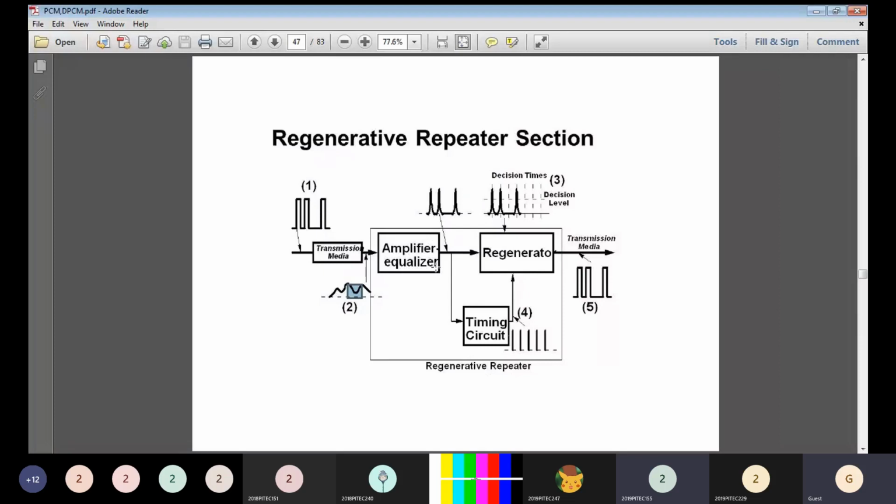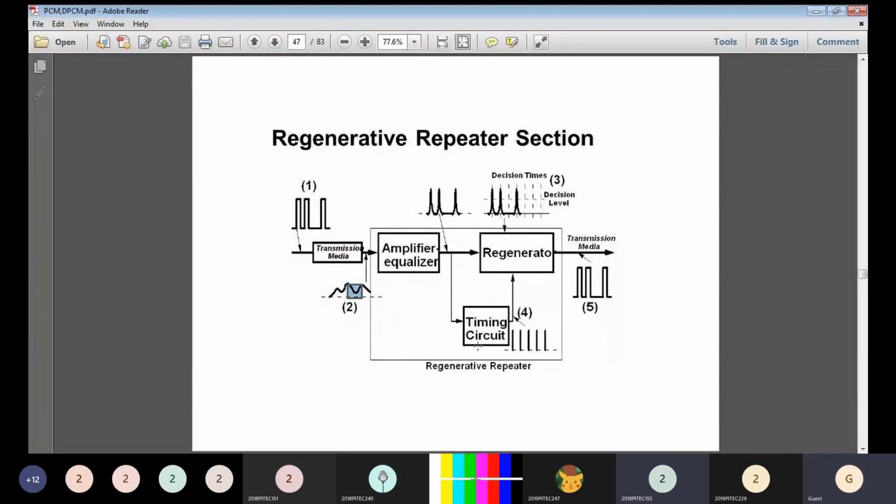It's a kind of noise that is added to our message signal during the propagation through the air.